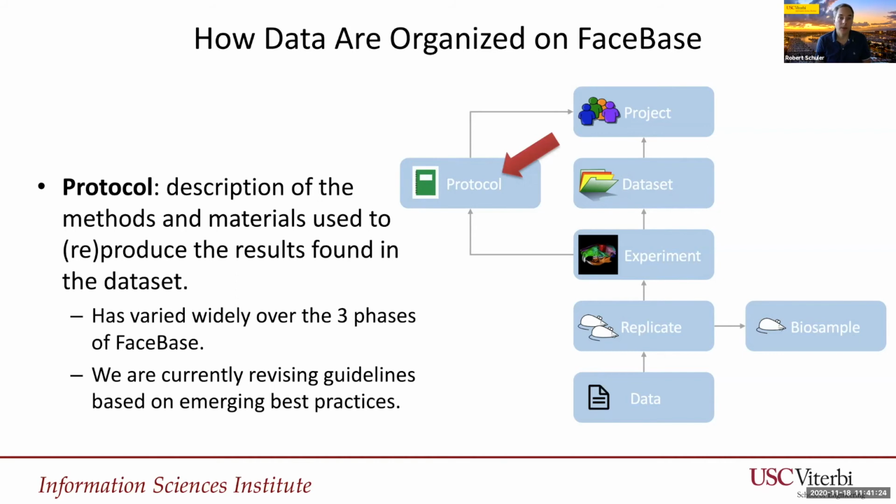There are other resources that have shown up, like Protocols.io, which has a nice online service. I'm not sure what exactly their business model is, but they have a nice interface for sharing protocol information. And in FaceBase, you can link off to a protocol, for new submissions.